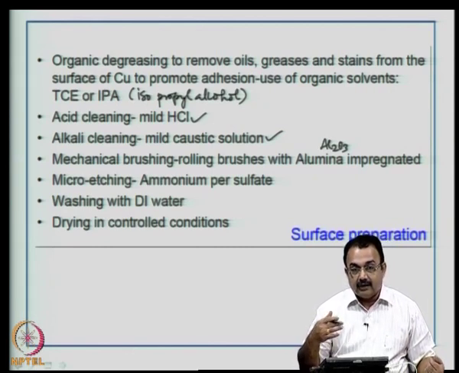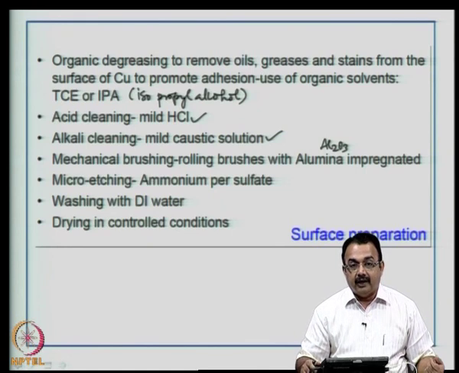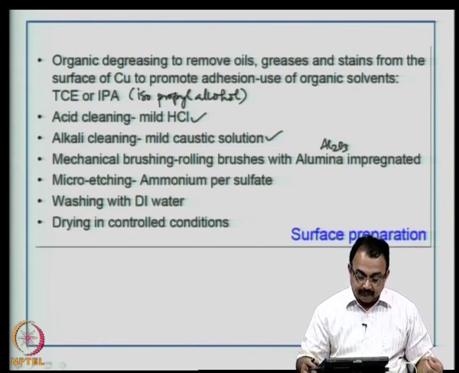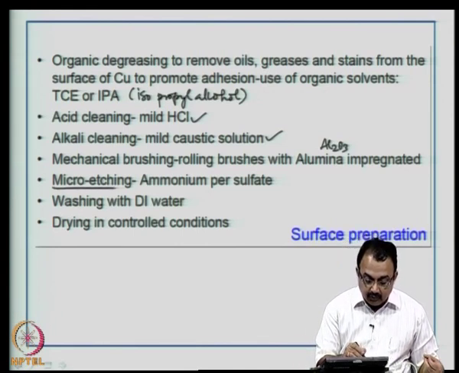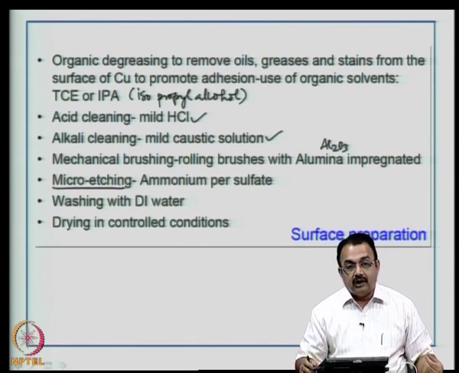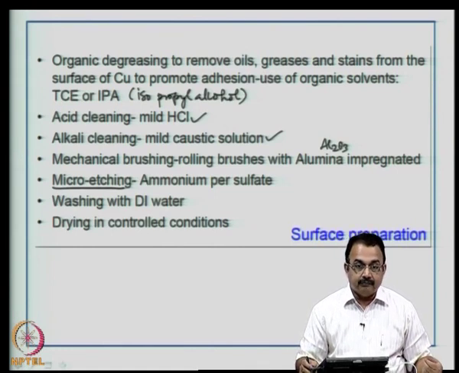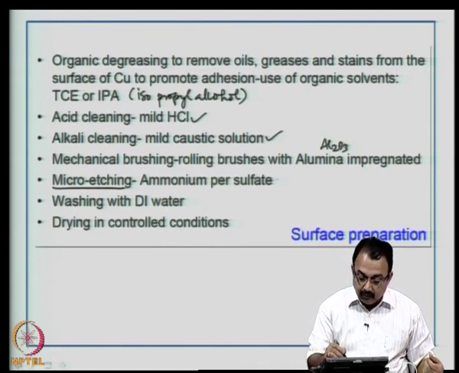Now, this will act as a very good mechanical aid to remove oxides and dust material from the surface. Another option is to use micro etchant. Micro etchant basically means removing very small thicknesses of copper from the surface, and typically we use ammonium persulfate.